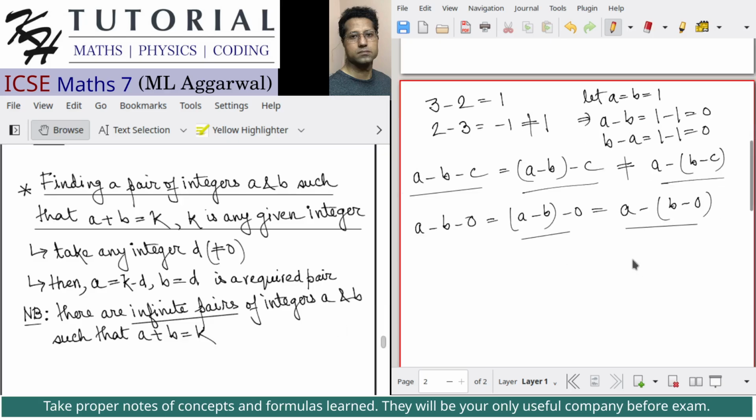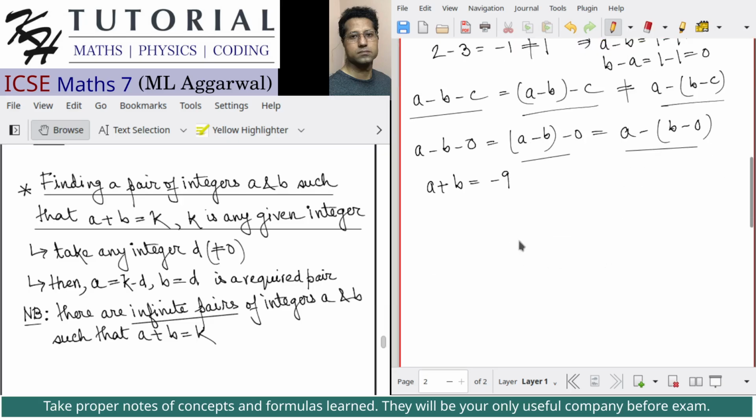As you can see, we have to find two integers a and b such that a plus b is equal to, for example, minus 9. I'm taking an example. So how do I find a pair of integers a and b such that a plus b is equal to minus 9? I will take any integer d of my choice which is not equal to 0. So let d be equal to 2.